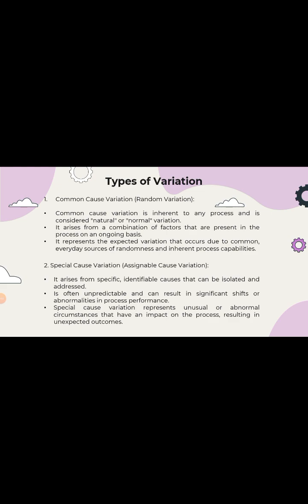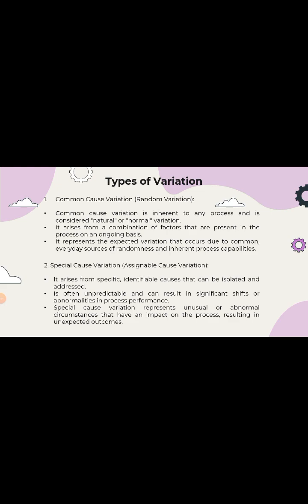This type of variation is inherent to any process and is considered natural or normal variation. It means it's the normal way and processes that we do in a certain company. It also arises from a combination of factors that are present in the process on an ongoing basis.